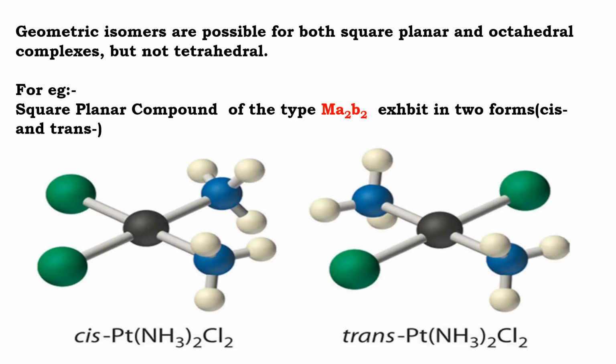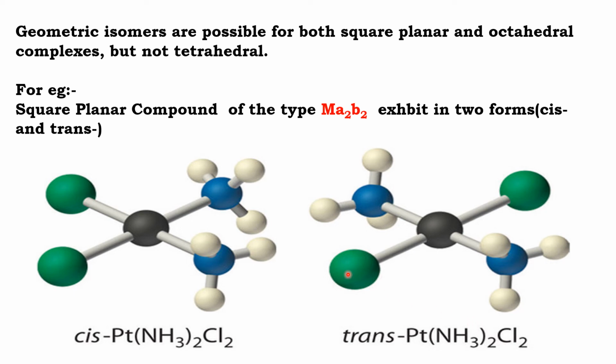See here, the first type of square planar complex, Ma2B2. A is a ligand, B is a ligand. So we have four ligands. This is the structure: metal, A on the same side, B also on the same side. So this is the cis isomer. Now I can place these ligands in the opposite direction, A and B opposite. This is the trans isomer.